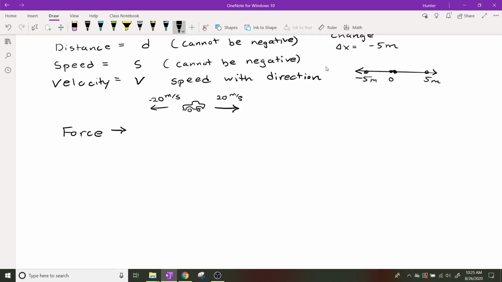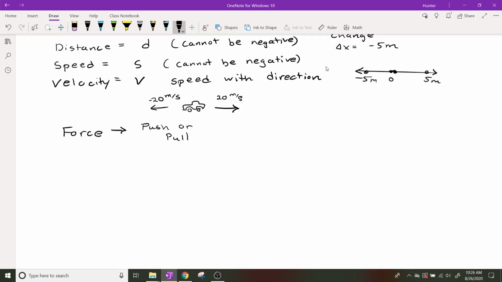And force is something that we should remember from physical science. What is a force? All right, so we can talk about a force as a push or a pull, and we'll go into more detail about that later because we've got an entire chapter on forces.